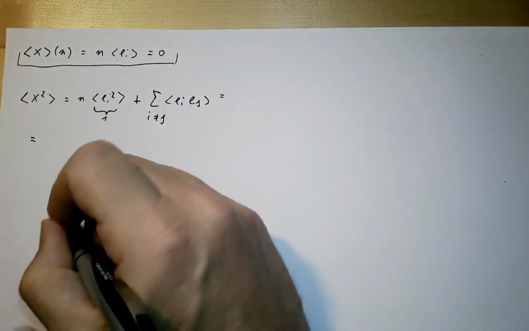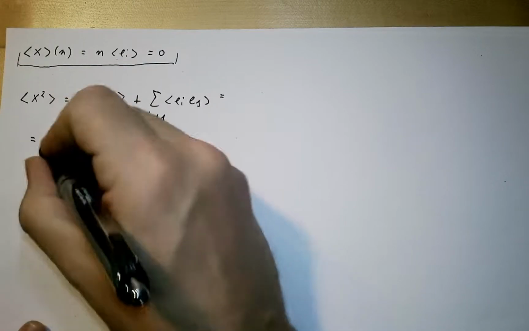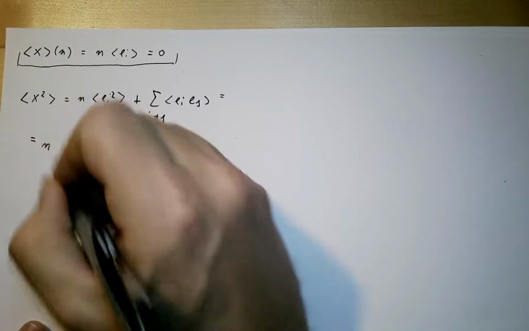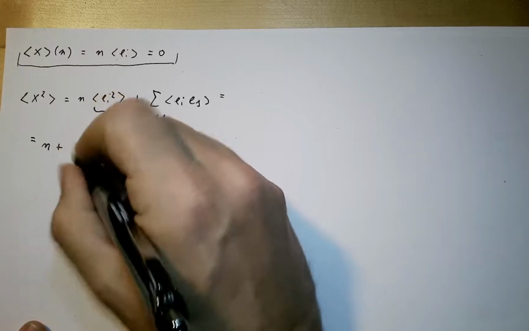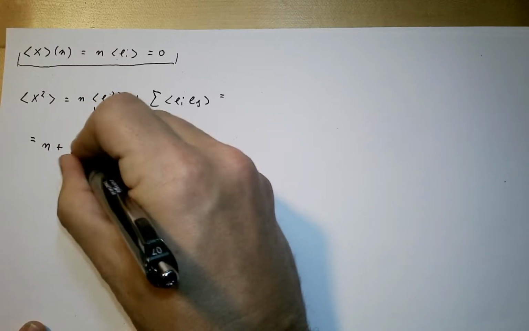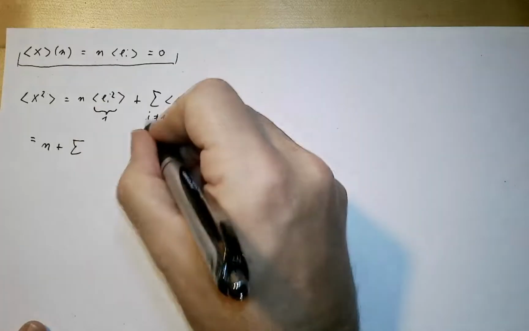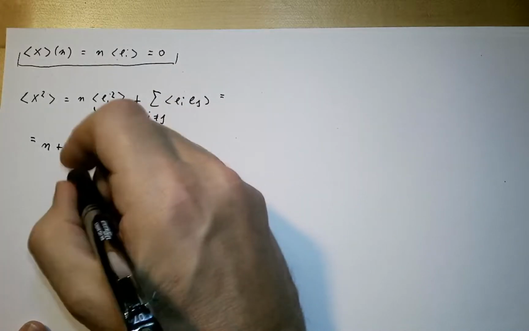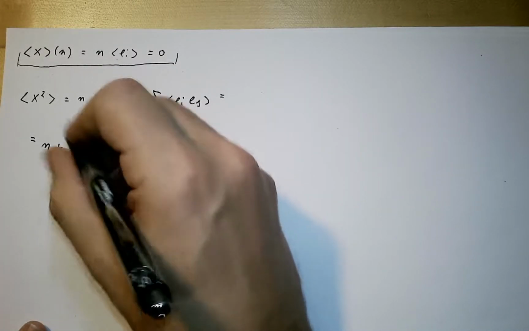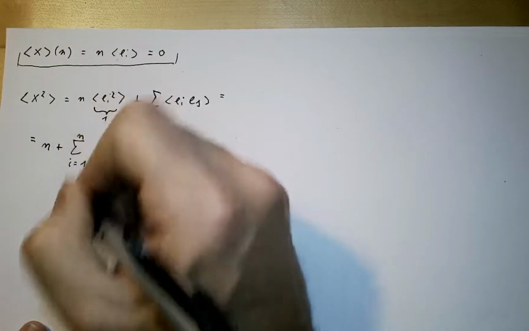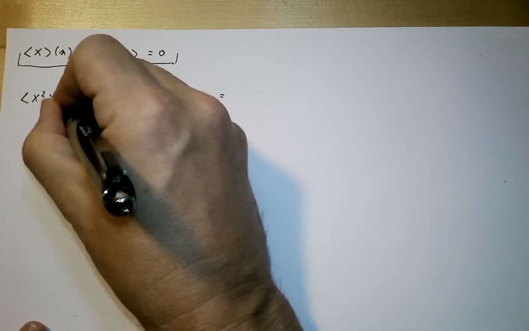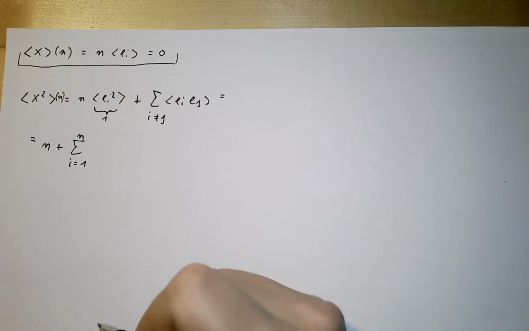Okay, so let's write down this double sum. So we have n plus, and then we have a sum. So we have the index i, which goes from 1 to n, because we want to know the whole thing after n time steps.